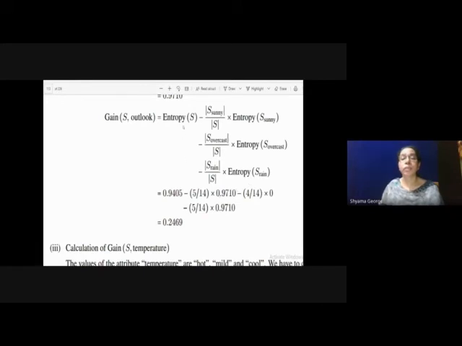The entropy of the whole data set is 0.9405, minus 5 by 14 into entropy of S sunny, minus 4 by 14 into entropy of S overcast, minus 5 by 14 into entropy of S rain, 0.9710. So the total value is 0.2469. This is the gain of outlook. Gain S outlook is obtained like this. Now consider the calculation of gain S temperature.